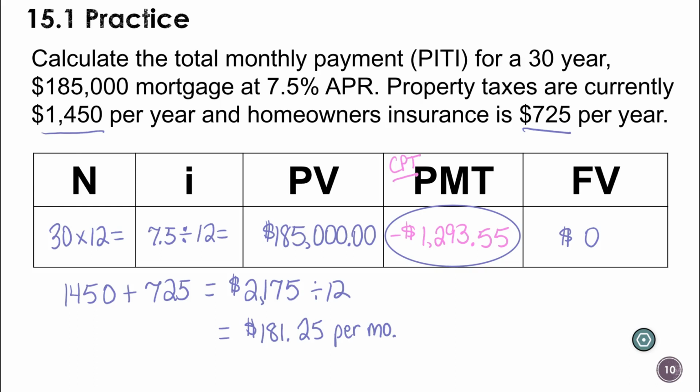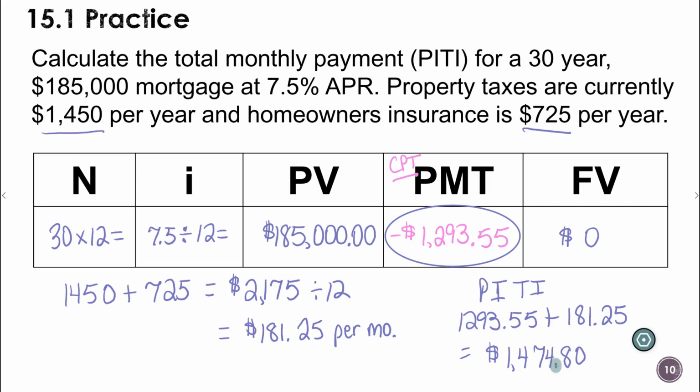And then to find out our total for PITI, we will take $1,293.55, add it to the $181.25 for a total of $1,474.80. Now, these numbers should be reasonable.